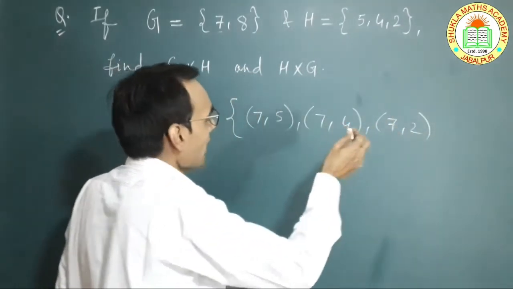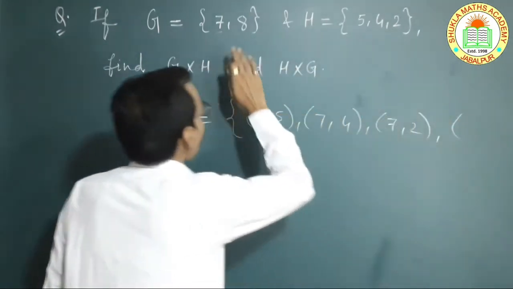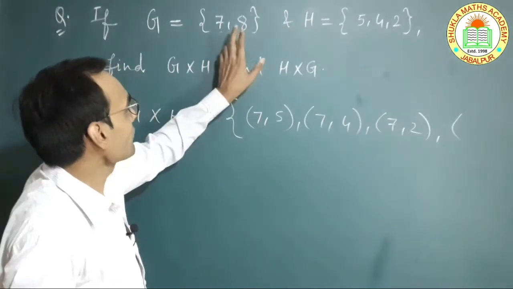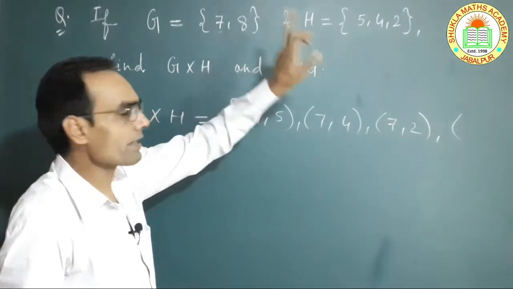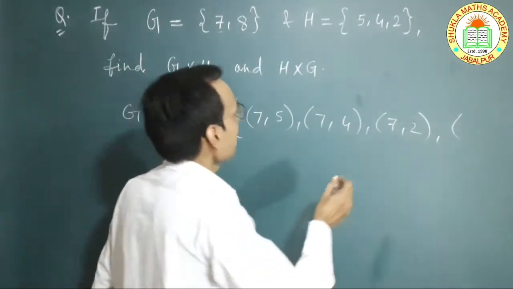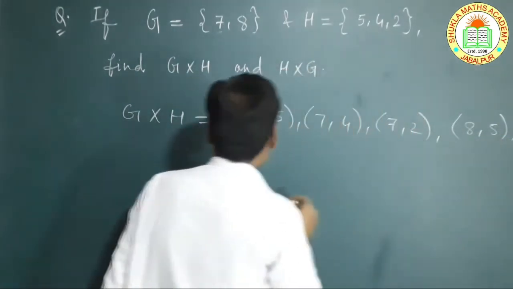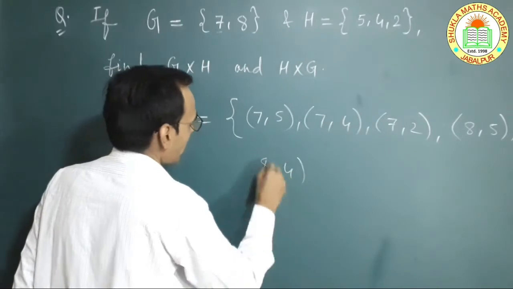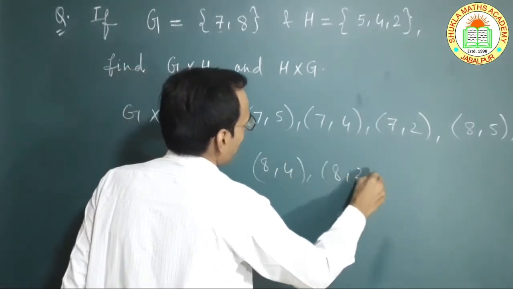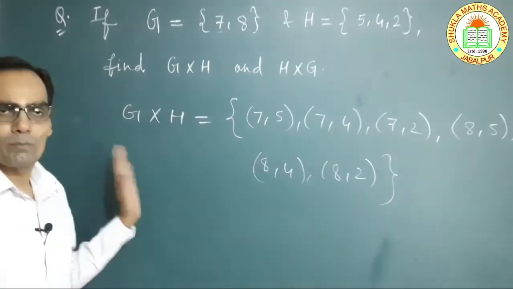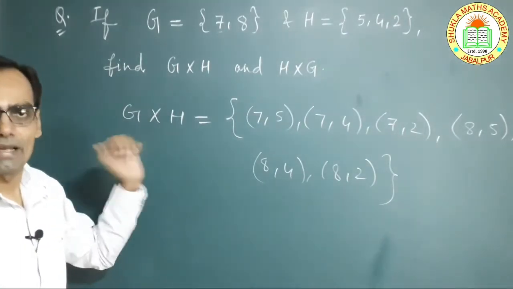Okay, and also take the second element of the first set G and make the pair this element 8 with the other elements of H. So we get (8, 5), (8, 4) and (8, 2). Okay, so this is the Cartesian product of G cross H, right?